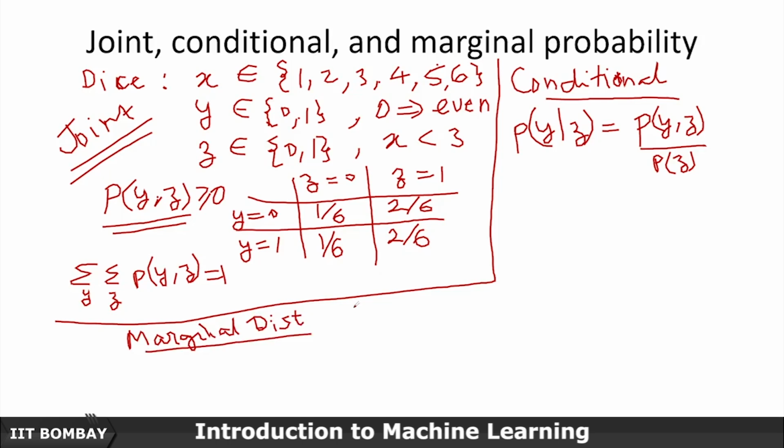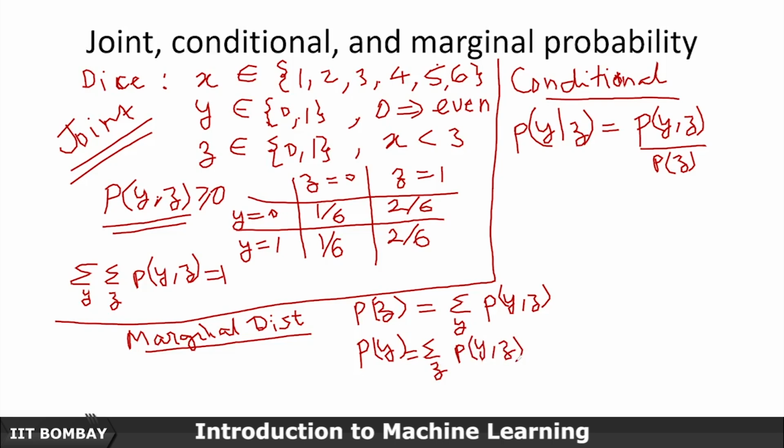P of z is going to be the sum over all values of y. We are going to eliminate y. P of y comma z. Similarly, P of y is going to be the sum over all values of z, P of y comma z.